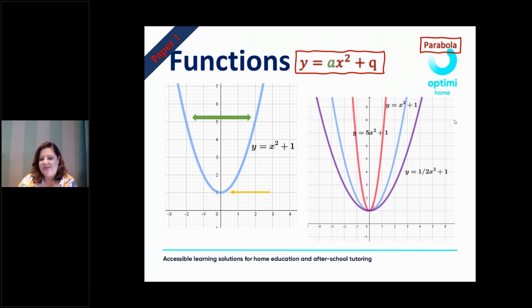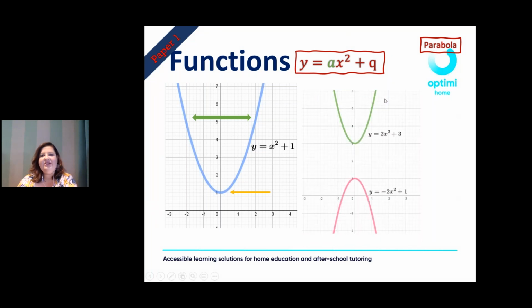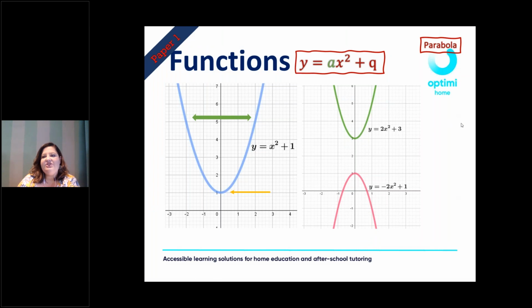I do have some examples here for you as well. Just to show you, both of them have the absolute value of 2. The one is positive, the one is negative. So if I have a positive 2, I will have a smiley face. If I have a negative 2, I will have a sad face, because their absolute value, where you do not take the sign into account, is both 2.